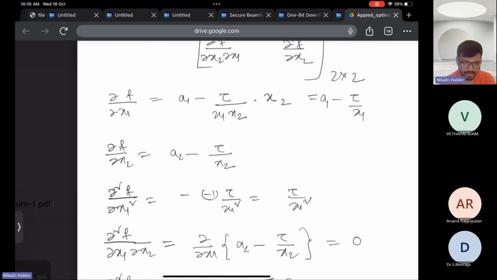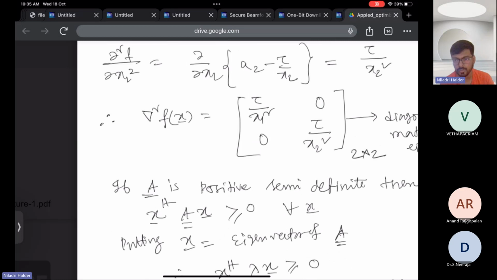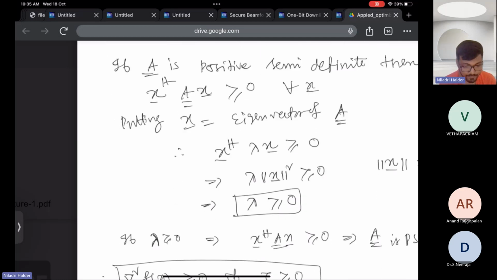So that is done here. We have found the Hessian and it is positive semi-definite if tau is greater than or equal to 0. If tau is greater than or equal to 0, then these diagonal elements will also be greater than or equal to 0. That means the matrix is positive semi-definite, or positive definite if it is greater than 0.